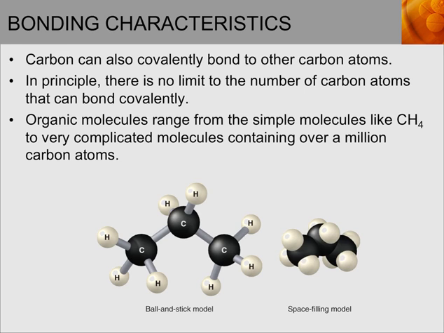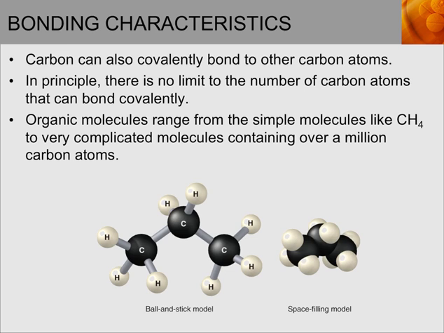So you could end up with a really long chain of carbon atoms. And this is essentially what brings us to organic chemistry. So organic molecules range from really simple molecules like methane, CH4, all the way to very complicated molecules that can contain over 1 million carbon atoms.